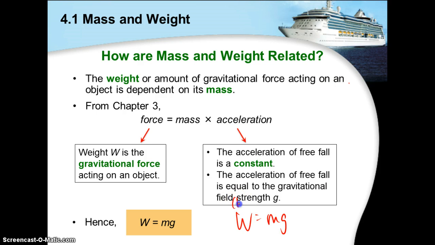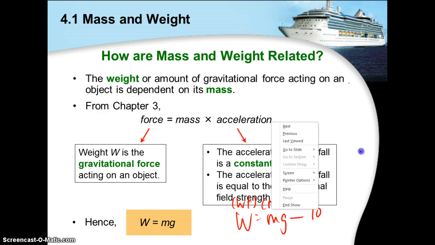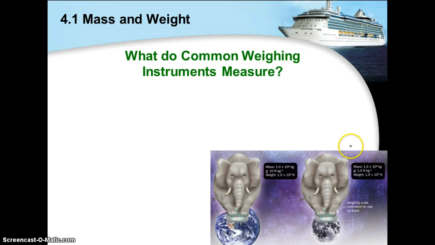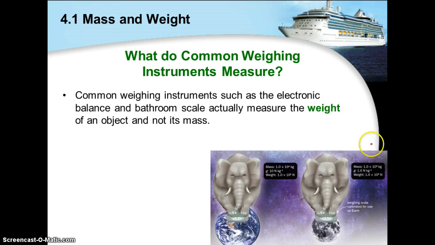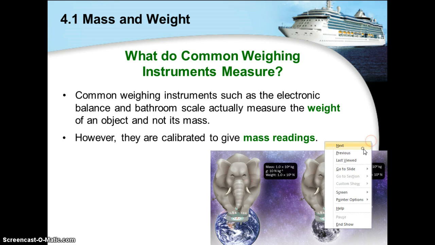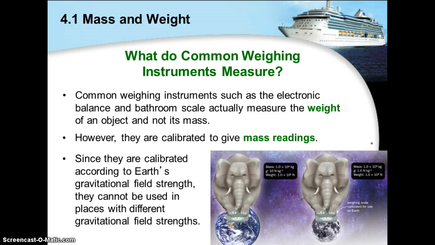W is my weight, m is my mass, g is a constant. It's called the gravitational field strength. On Earth it is 10. Let's go see some practical examples. Now I want you to read this on your own, how to measure mass and weight.